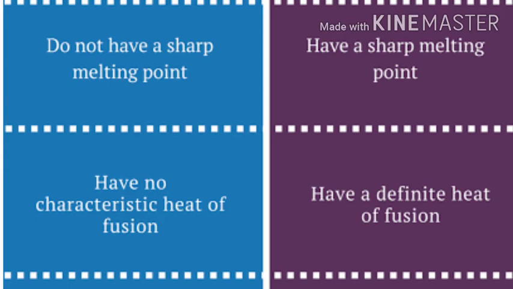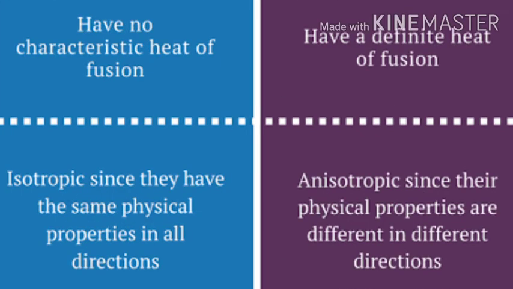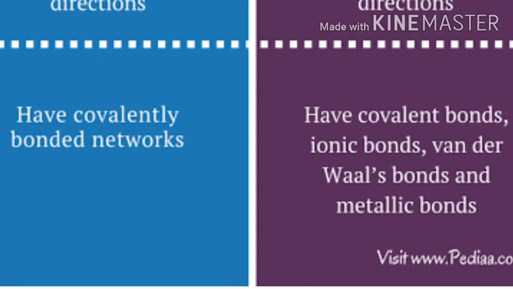Amorphous solids have no characteristic heat of fusion, but the crystalline solids have a definite heat of fusion. Amorphous solids are isotropic since they have the same physical properties in all directions, whereas the crystalline solids are anisotropic since their physical properties are different in different directions.